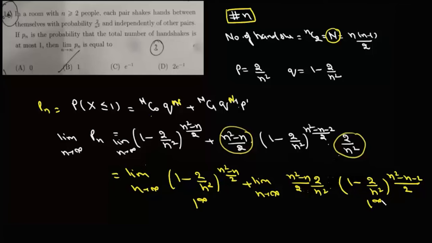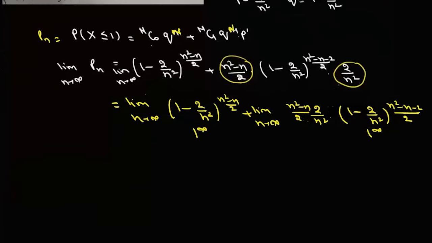So here we are going to use two concepts in limits. If we have the limit as x tends to a of f(x) to the power g(x), and it is of the form 1 to the power infinity, we can write this as e to the power of the limit as x tends to a of (f(x) minus 1) into g(x).